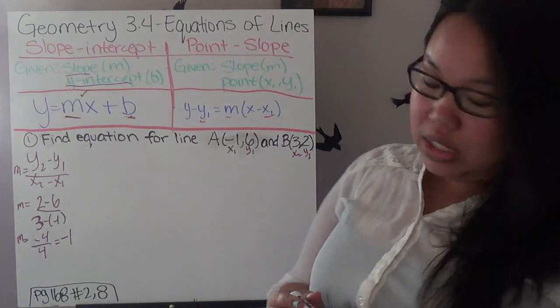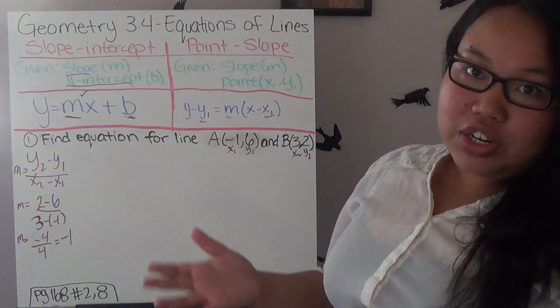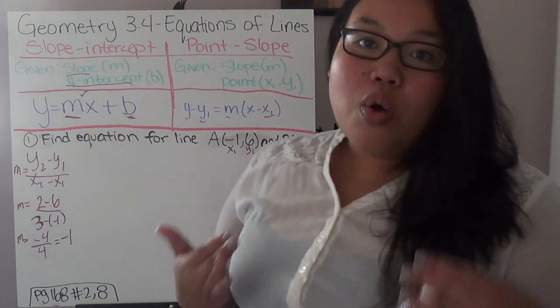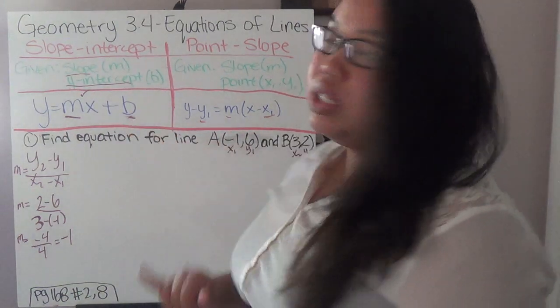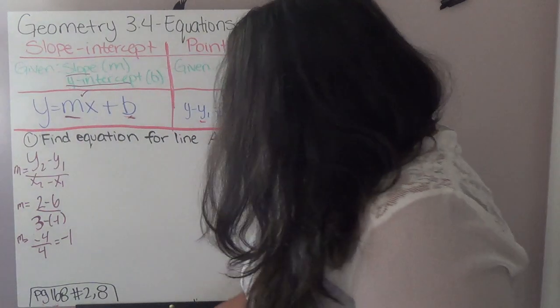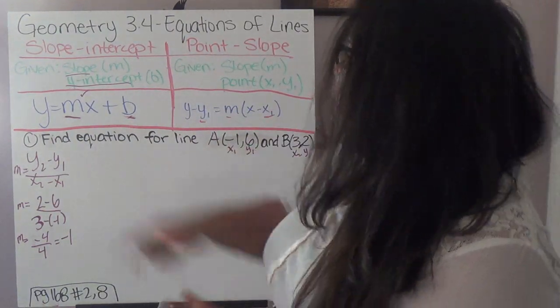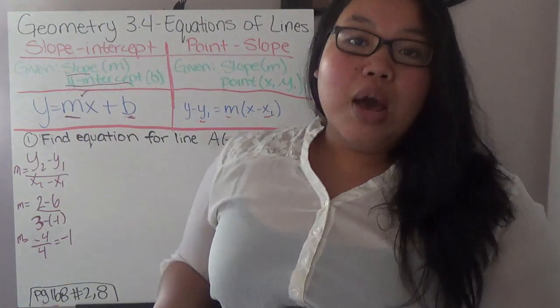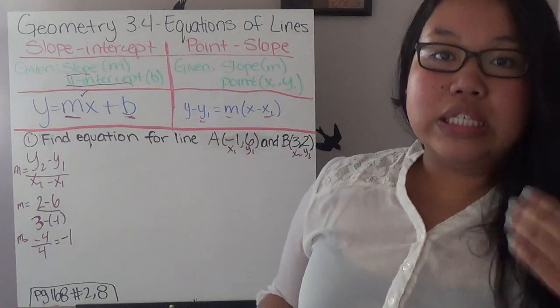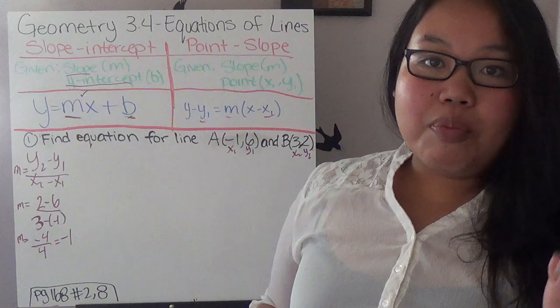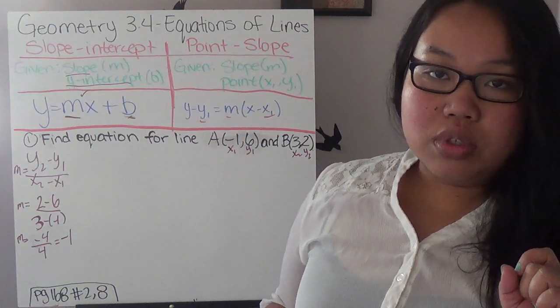Now the new part is to find what our y-intercept is going to be. I told you that in order for us to have an equation of a line, we needed an m and a b. But we also remember that in order for us to solve an equation, we can have a maximum of how many missing variables? 1.